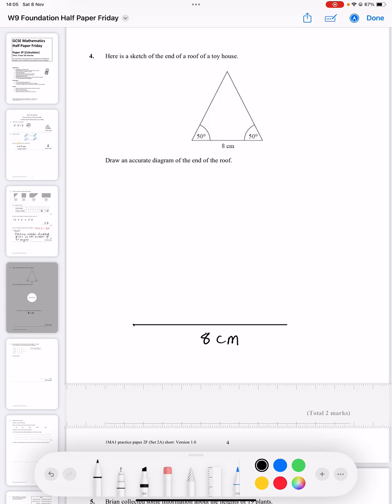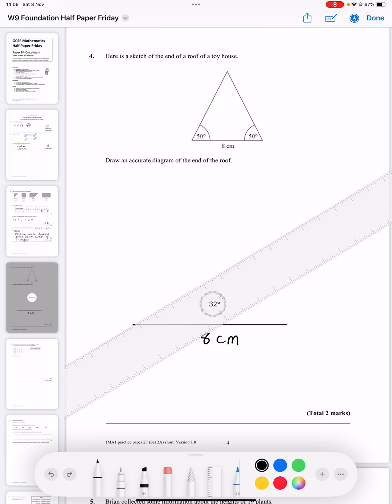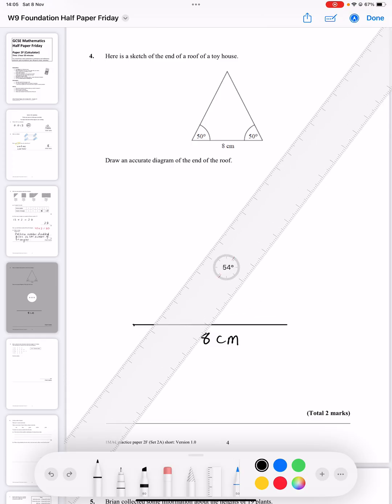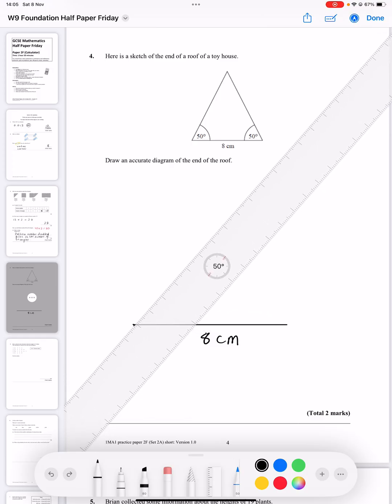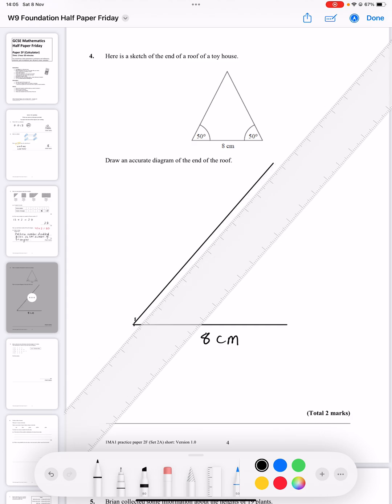Then we're going to use a protractor to measure two 50-degree angles from the right and left of the triangle. We're going to do the same from the right.